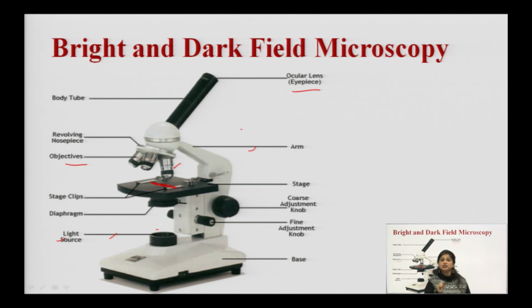But if the specimen is transparent, the whole light passes through the glass slide, and the specimen is similar to the glass slide, also transparent in nature. We won't be able to see or differentiate that image with the help of the eyepiece. That's why the bright field microscope will not work for specimens which are transparent and not colored.